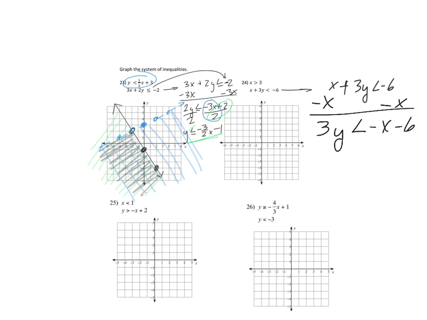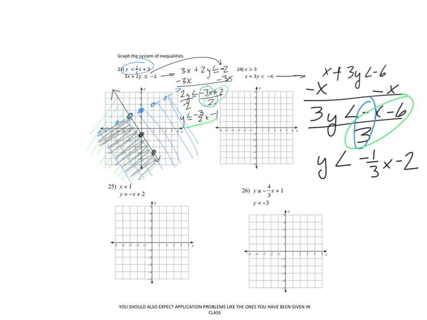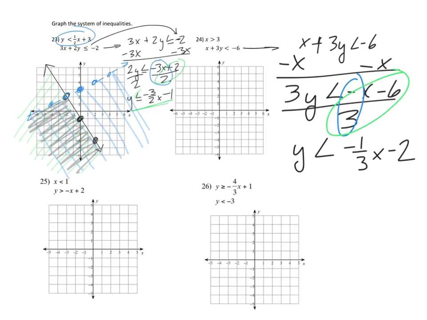And then I need to divide everything by 3. No negatives this time. So my slope here is going to be negative 1/3 x. And then negative 6 divided by 3 is minus 2. And then we'll deal with that x in a second. So this is in slope-intercept form.